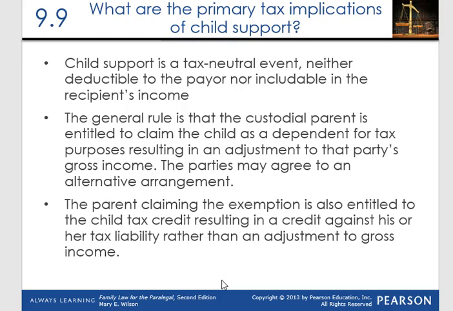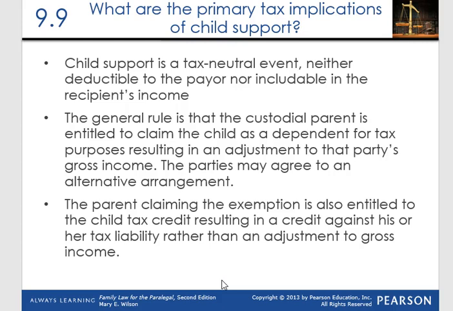In Ohio, actually, the courts tend to prefer to award the dependency exemption to the party who is going to recognize the biggest tax benefit from it. So if you have a stay-at-home mother or a person earning a significantly lower income who is not going to recognize much of a benefit from the tax dependency exemption, the court may award it to the other party.